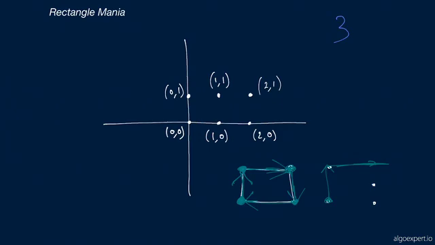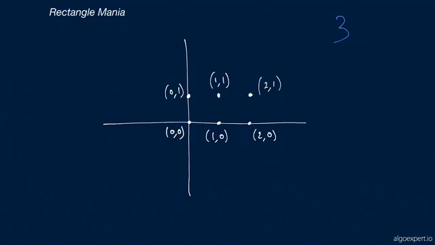Well, let's treat, and let me erase this here, let's treat every single point, every single pair of coordinates in our input list, as the potential lower left corner of a rectangle. So each of these 6 points in our example here, right, 1, 2, 3, 4, 5, 6, each of these 6 points we are going to treat as potential bottom left corners of a rectangle.